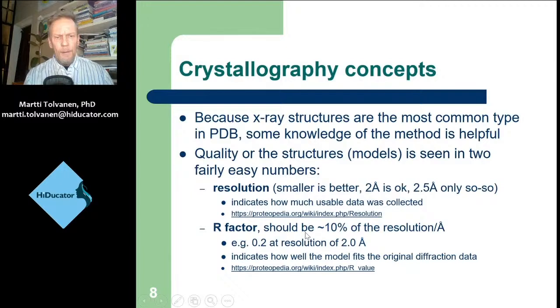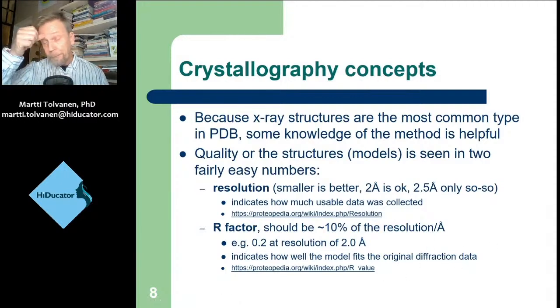And then there's another thing called R factor, which is a measure of how well the model fits the actual data, the diffraction data, or structure factors, as they call these individual intensities of diffraction points, including the coordinates in the diffraction image.